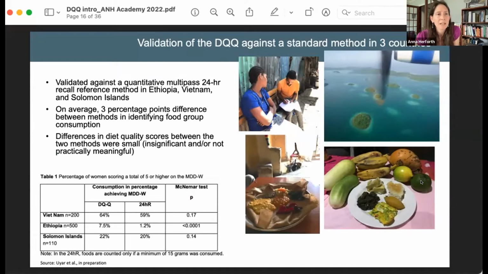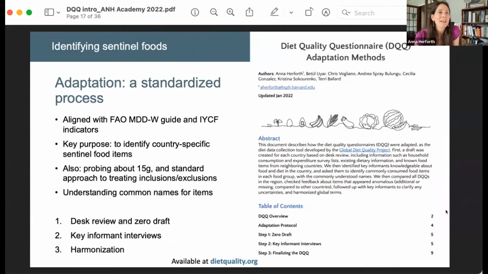And the bottom line is we found very close correlation between what people report in the 24-hour recalls versus the DQQ, confirming that the DQQ is a valid tool for representing food group consumption in these 3 very different contexts.